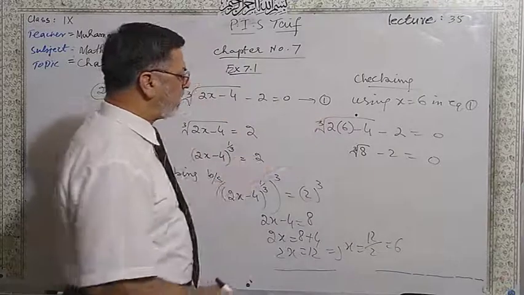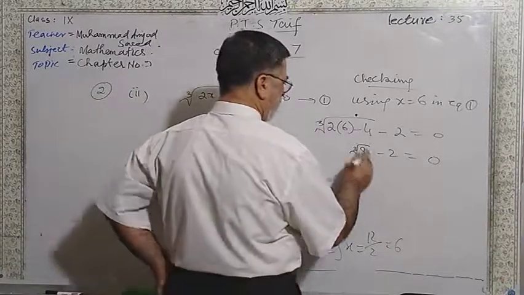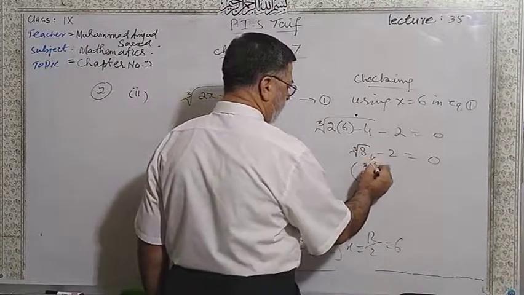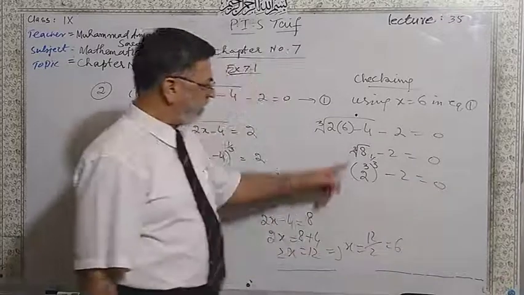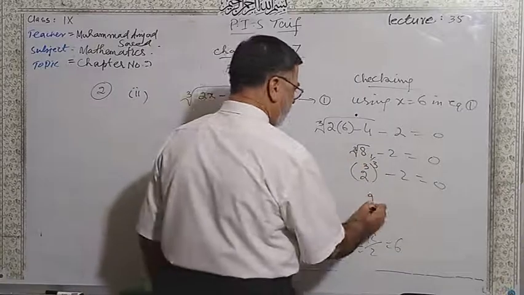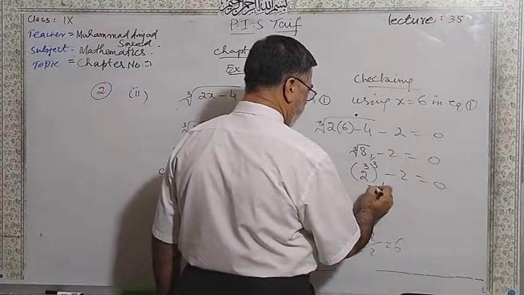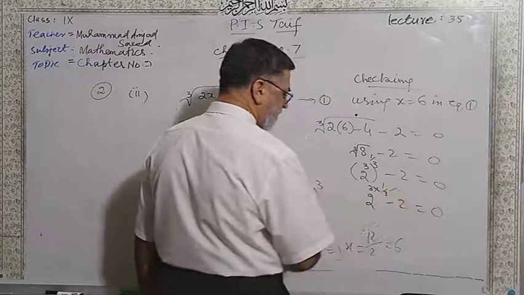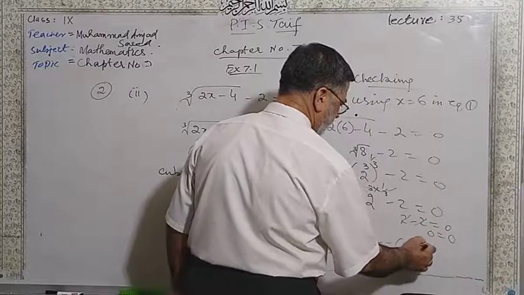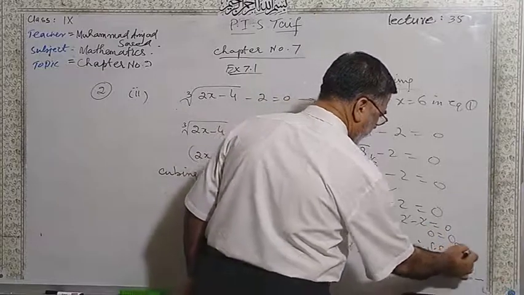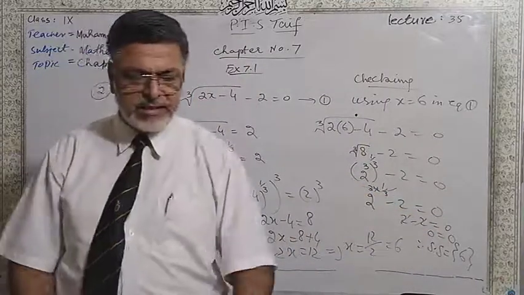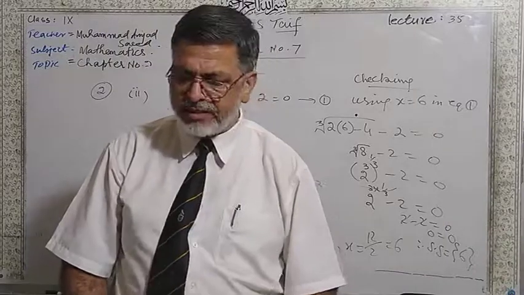And 8 cube root is basically, 8 is 2 power 3. And cube root is 1 over 3. You know that power over power are multiplied, they are cancelled out. So 2 minus 2 is equal to 0, 0 is equal to 0. Therefore, solution set is 6. We have confirmed that x equal to 6 is the solution set.